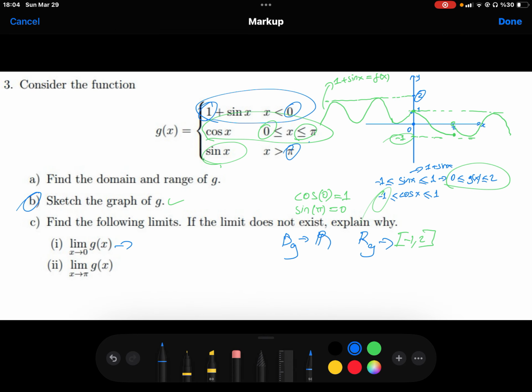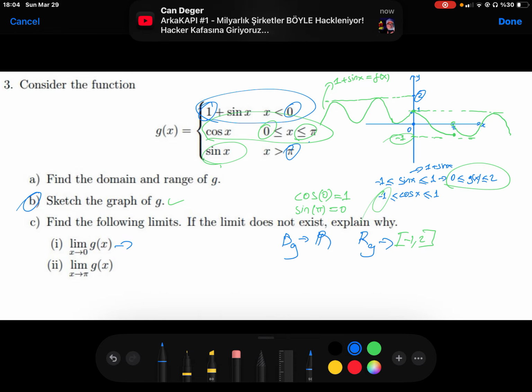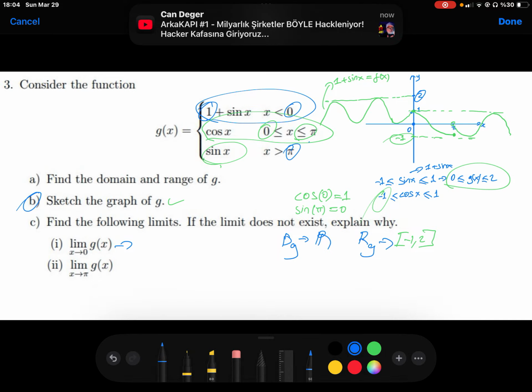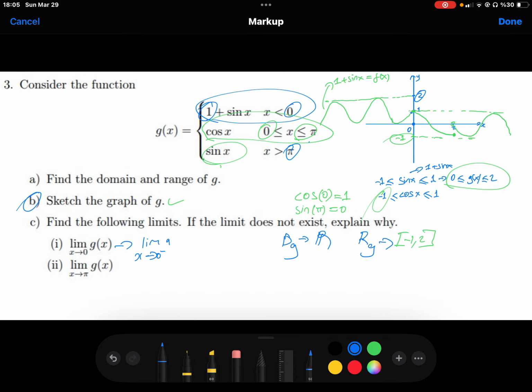Let's approach 0 from left and right in order to understand whether the limit exists or not. For the limit as x approaches 0 from the left, g of x goes to 1.